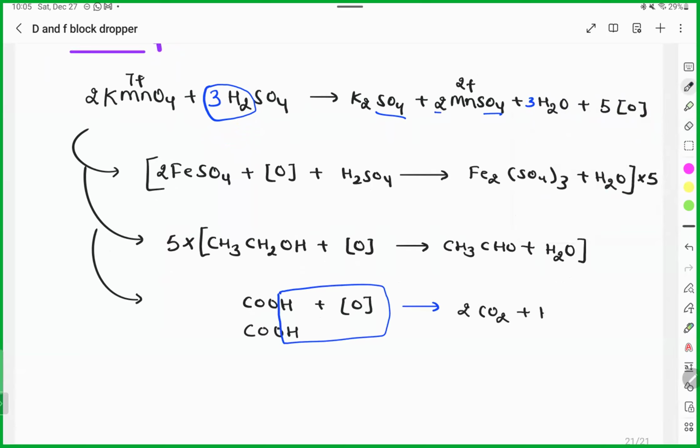Sir, carboxylic acid. Any doubt? The mole of water remaining is a stable molecule, CO2.